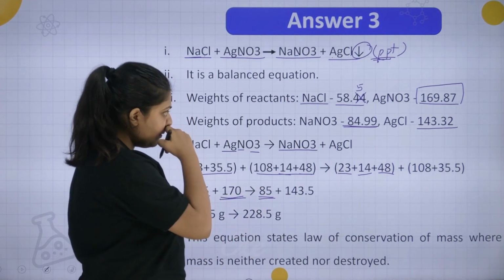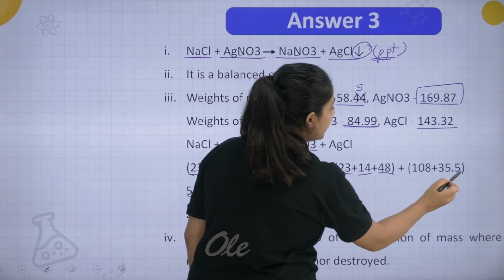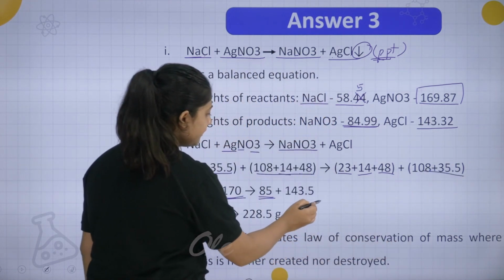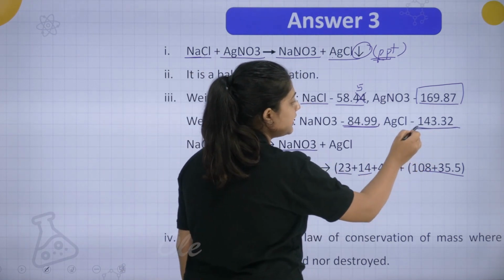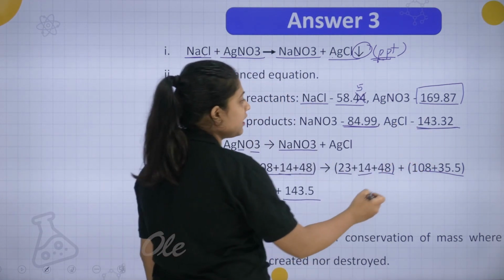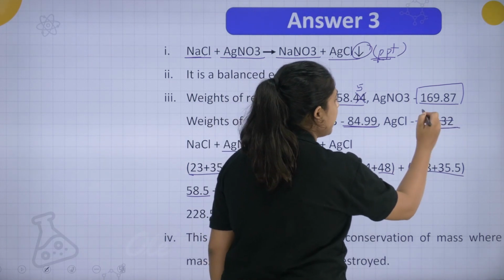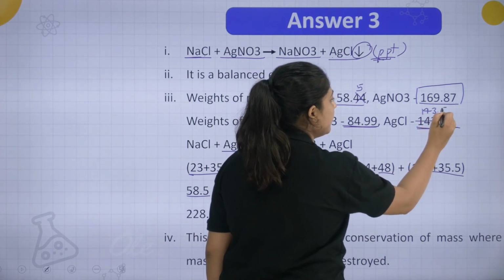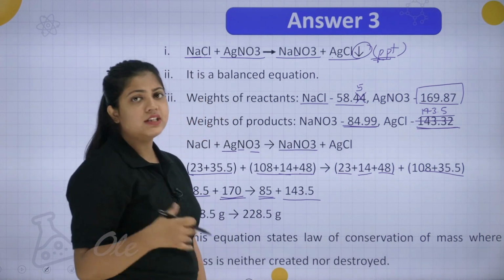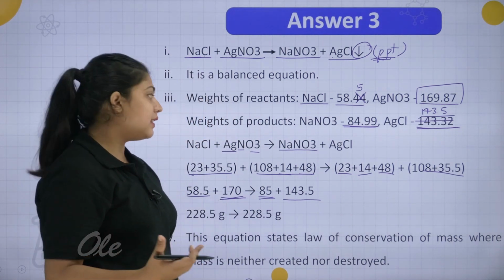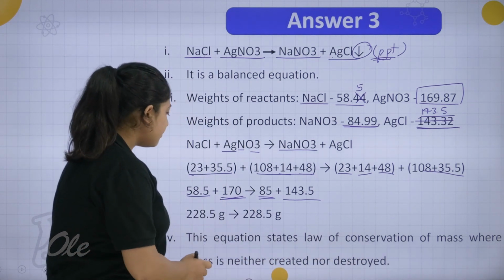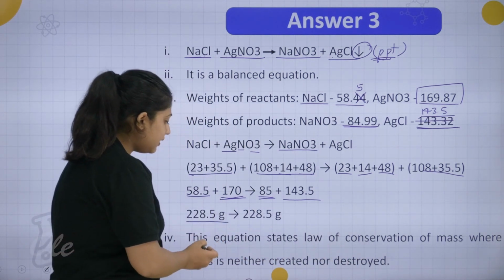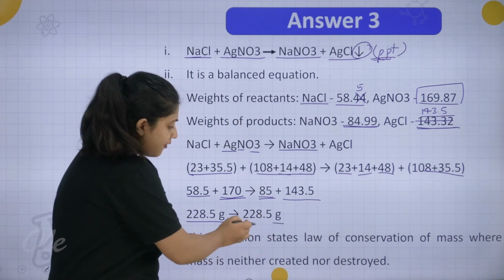And also 108 plus 35.5, so it will be 143.5. Here also we have calculated the exact amount, so you can also consider it as 143.5 instead of going with the exact amount, because that is beneficial for us for the calculation part. Okay. So here we can see the mass of reactants is equal to the mass of products.